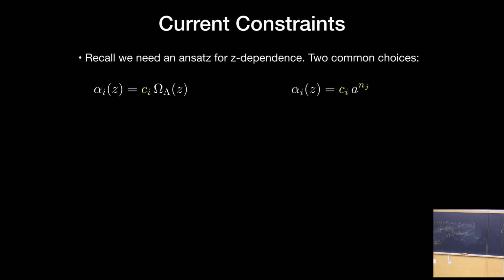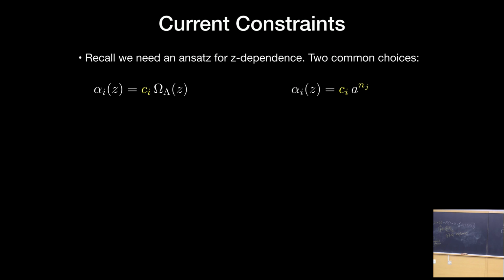Here are two common ansatzes that we're using at the moment. This one says that your alpha parameter is proportional to omega lambda, with some constant of proportionality we generally call C. That makes life easier, because you just have to constrain that constant. An alternative guess is a power law in scale factor. Then you have to constrain two numbers: the proportionality constant and the power law index.